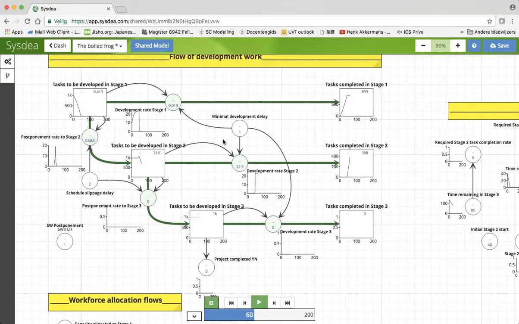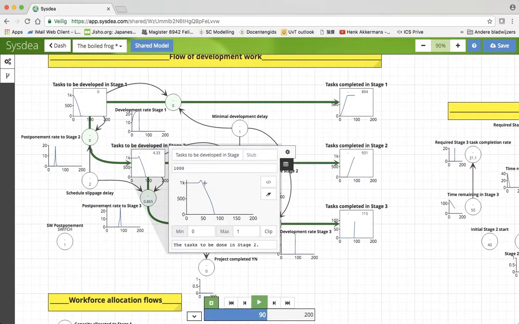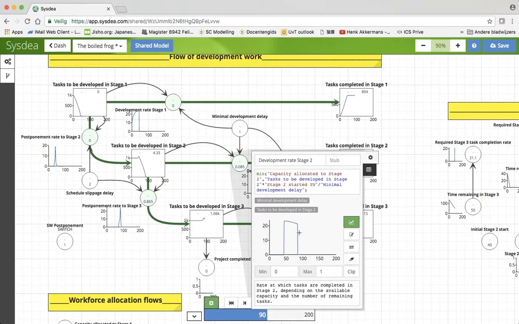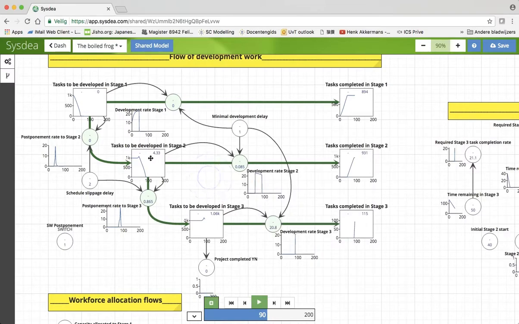So far we are in the first stage, and that's been done. If you now move time towards, say, 90 time units, we have task 2 completed. Here also the tasks have almost completely been done. Well, there were at first 1,000 tasks.